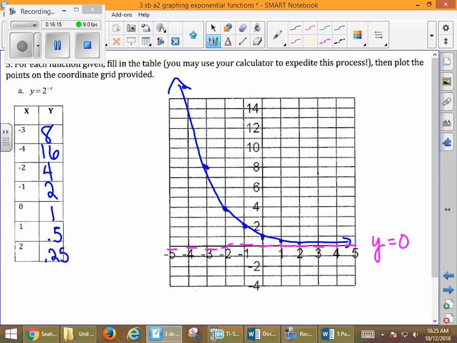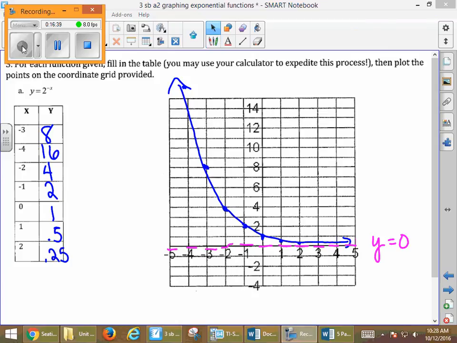Our graph gets closer and closer and closer to that line y equals 0, but it never quite touches. So I'm going to pause the video again. I would like you to fill in B and C. Then we'll come back and we'll check our answers and look at some common characteristics before we finish these up.